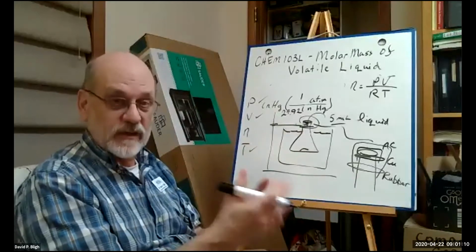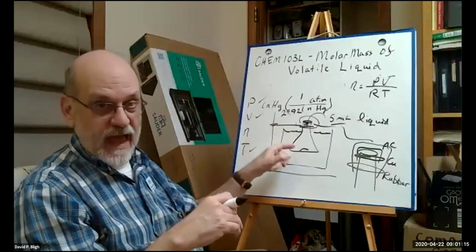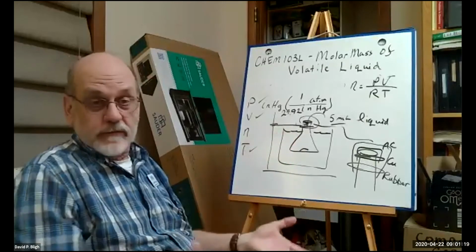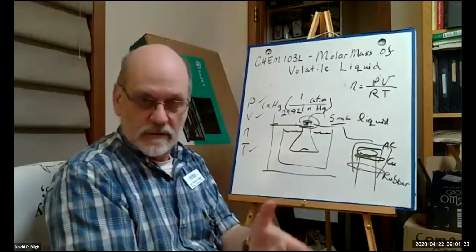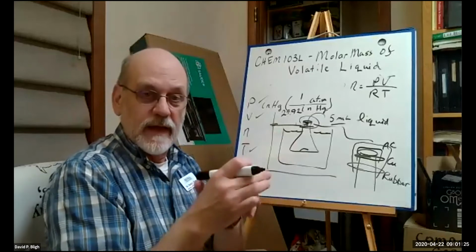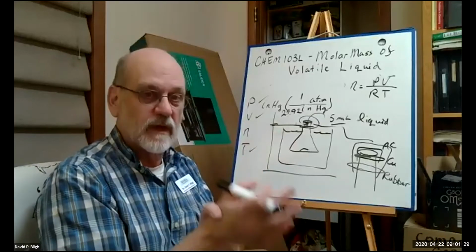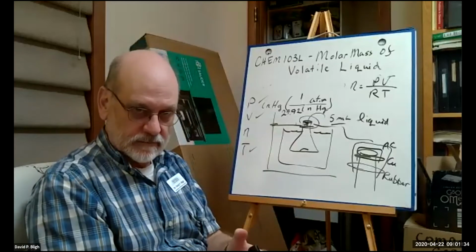So you subtract the before and after, you get the mass of the gas. You're done. All you have to do now is calculate and compare the molar mass to the table and tell me in your report, because this is a formal report, which one it is.